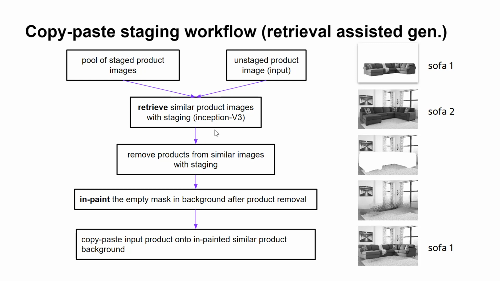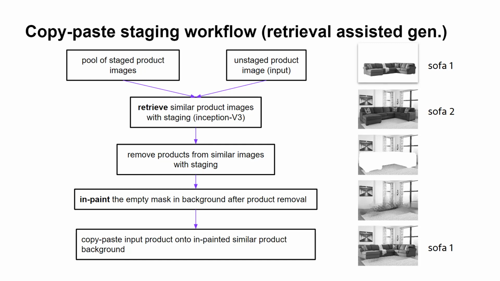And we used a lightweight approach using Inception v3 embeddings. So you can imagine that there's a sofa two which gets pulled. Now, from the sofa two image, we will remove sofa two, the main product in the image. Then in the next step, we inpaint the empty mask that is formed after product removal. And then finally, we will copy back sofa one onto this image, which was derived from sofa two.